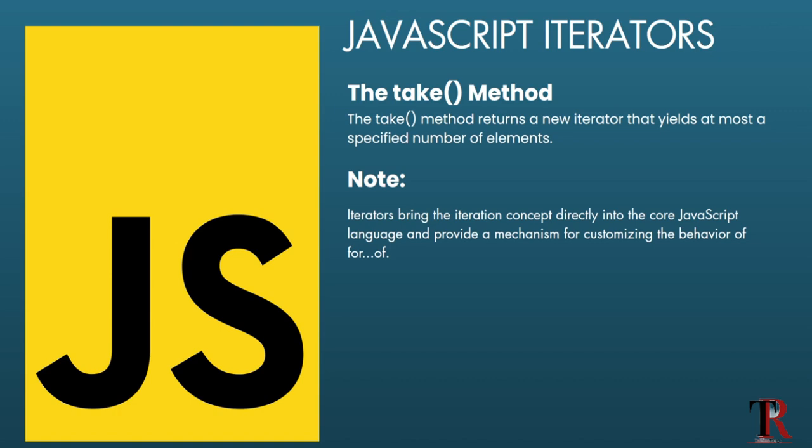And we've taken that to look at a couple of these iterator methods as well. In the last lesson, we talked about the take method, and we also demonstrated with an example of how the take method works, being one of the iterator helpers API for modern JavaScript.